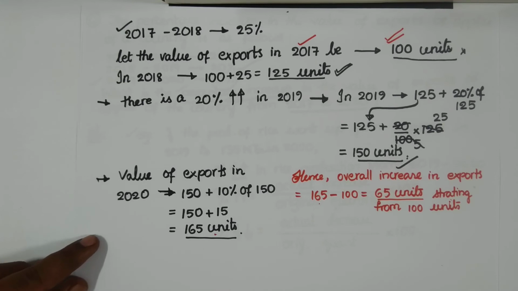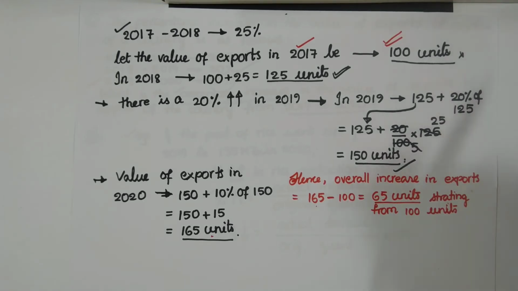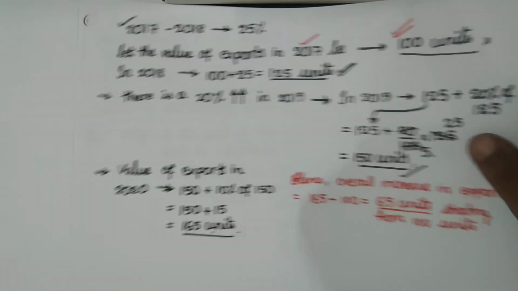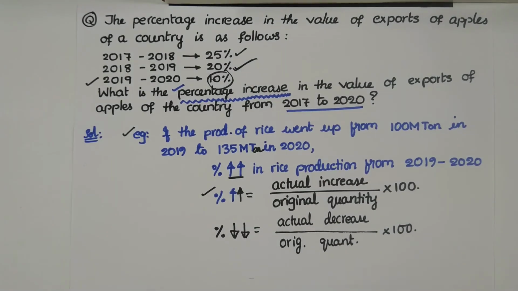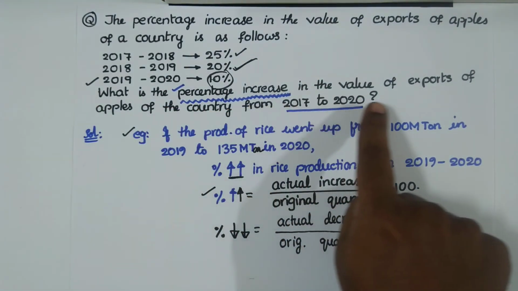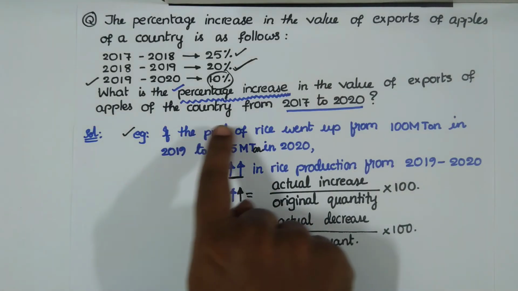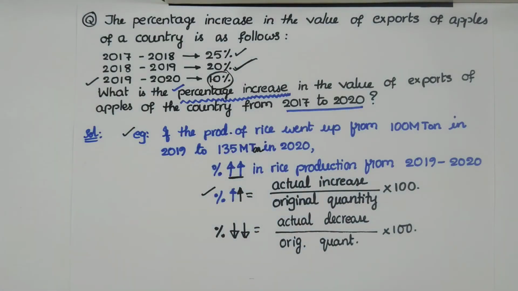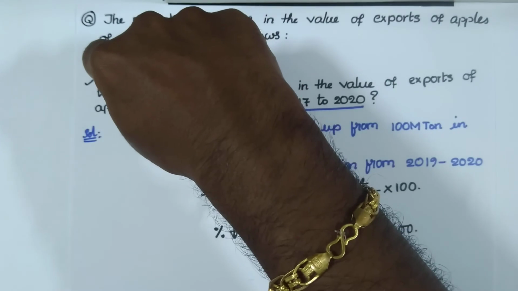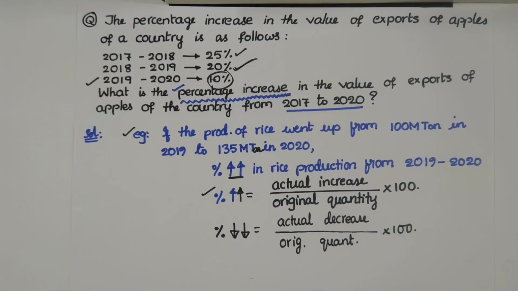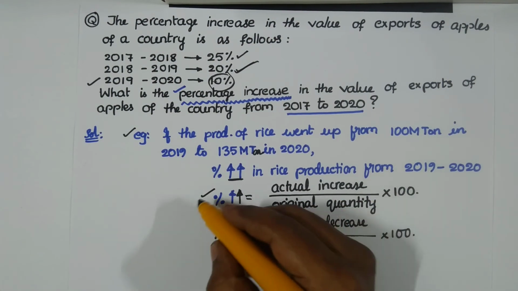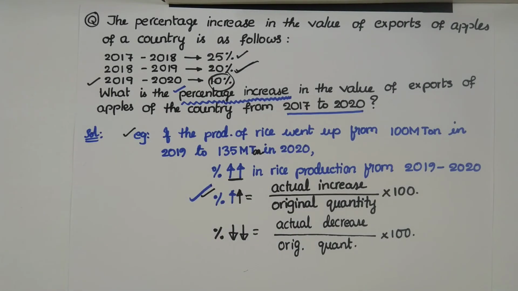All right, now finally what is the conclusion here? The question is: find the percentage increase in the value of exports of apples of the country from 2017 to 2020. So now we have to use the percentage increase formula.